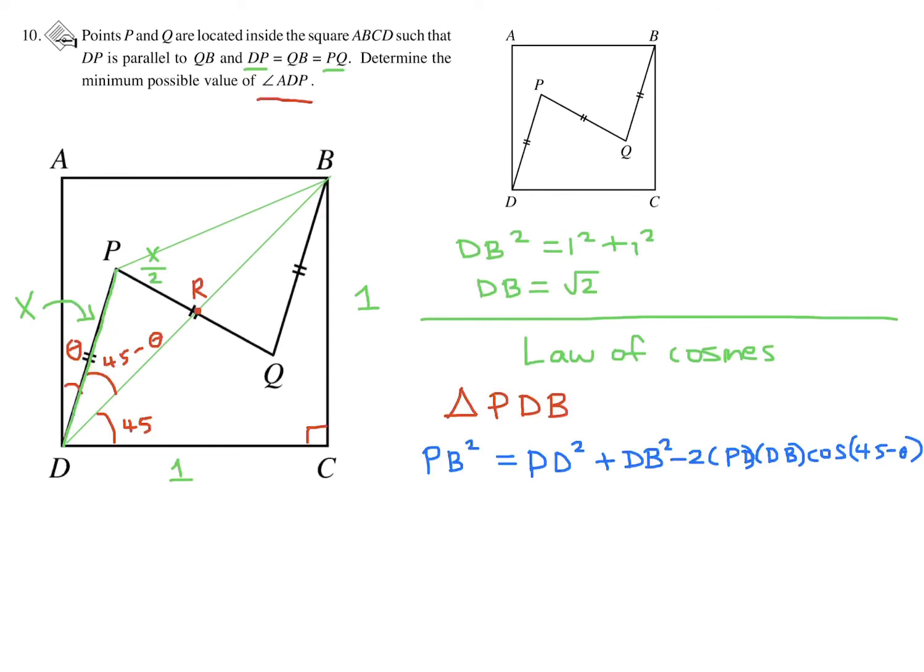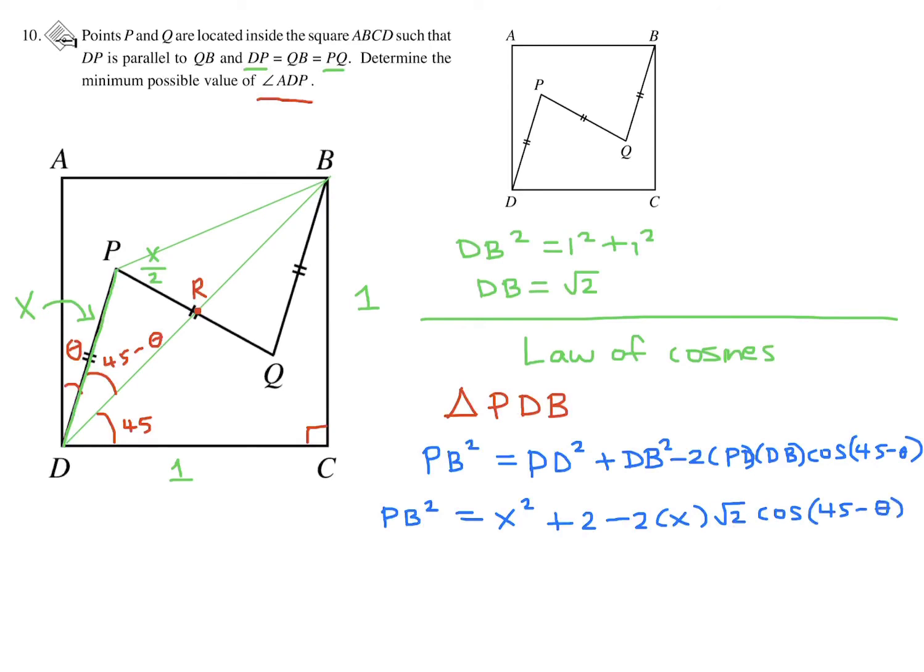Anything that we can plug in: PD is x, so we put that in there. DB is root 2, so root 2 squared would be just 2. And then we can put in x's and things like that. So we have x and root 2 cos 45 minus theta.